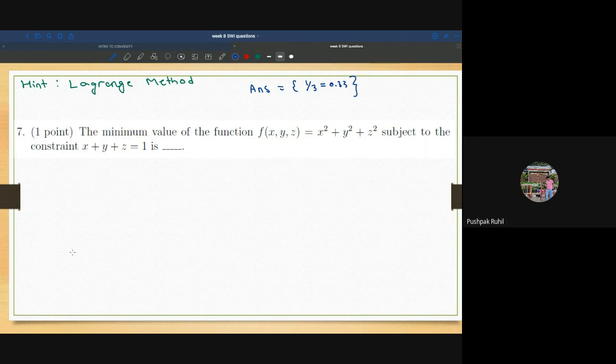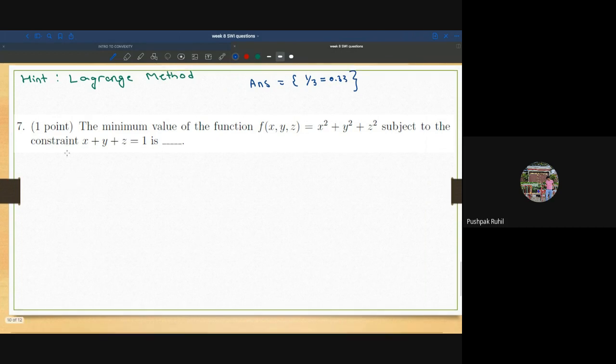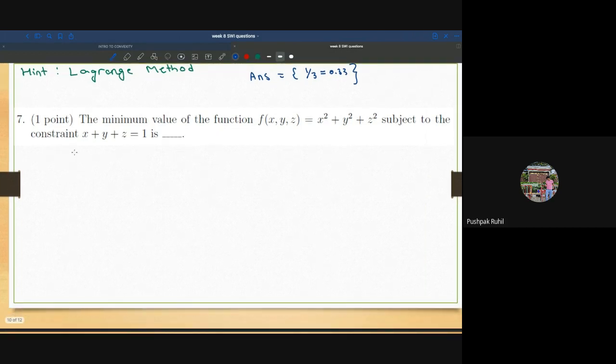What is the equation for the method of Lagrange multipliers? Can someone tell me? Let's say we have two functions, f and g. Okay, let me mention it.